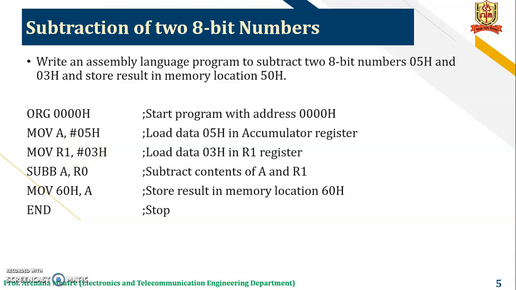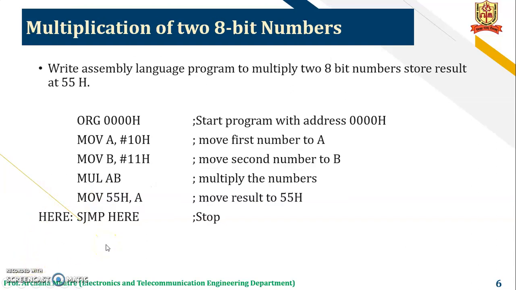Then subtract the content of R1 from the accumulator. So the instruction is SUBB A, R1. Then move the result of subtraction, which is by default stored in the accumulator, into the 60H memory location. Then end of the program.